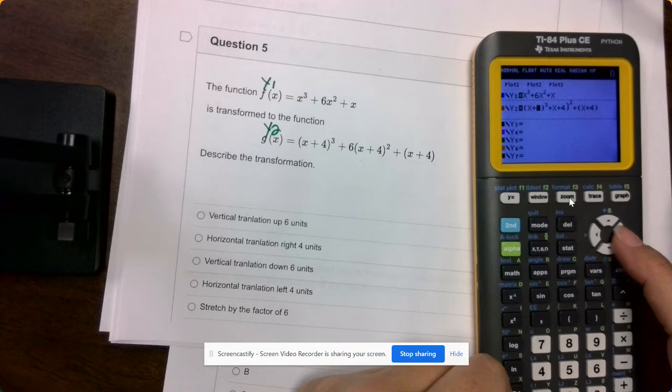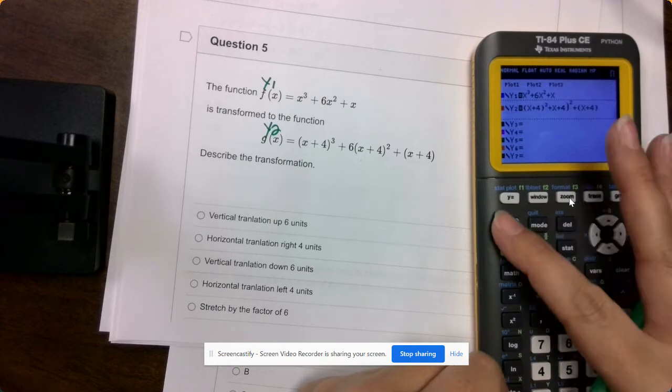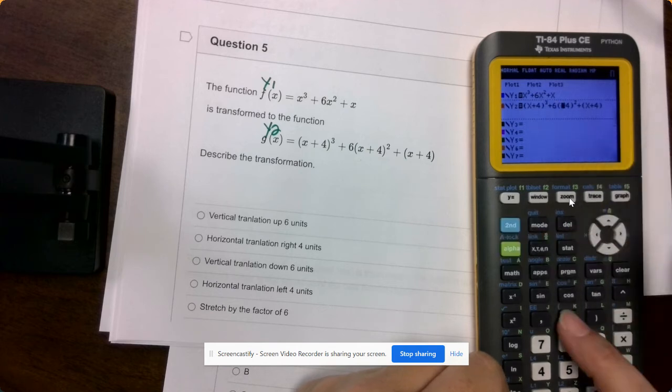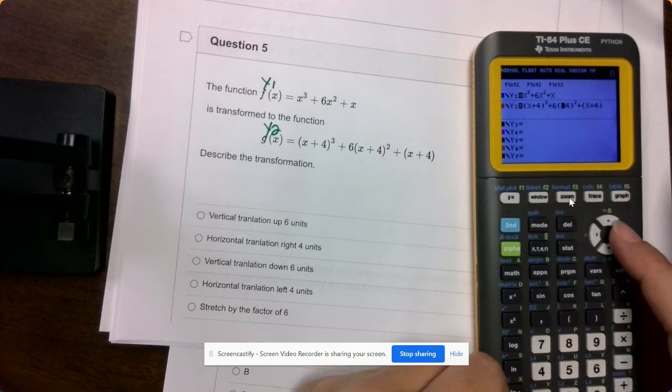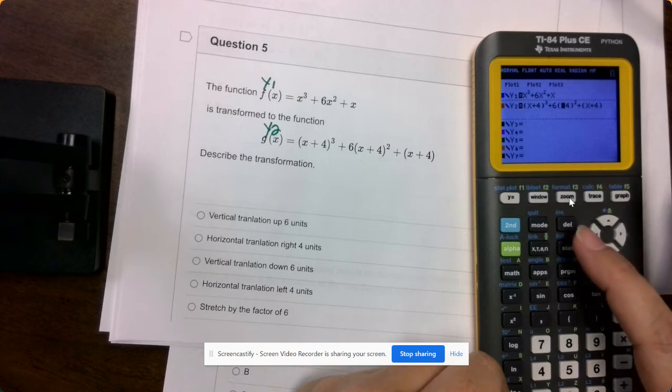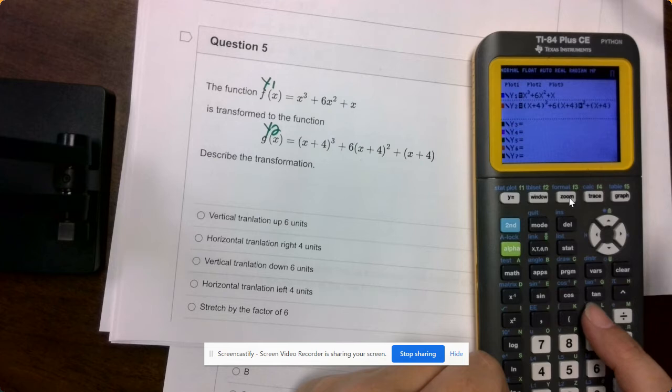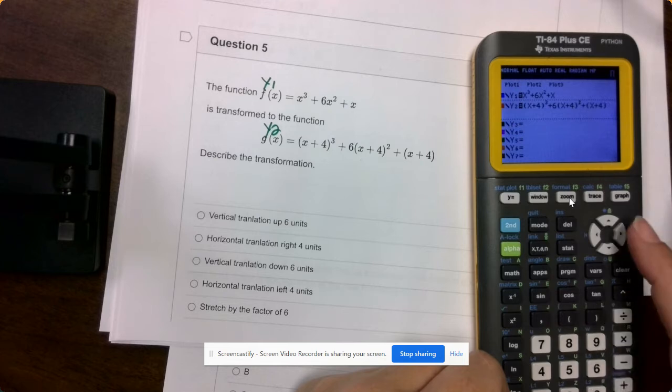I did the wrong thing here. So everybody, it's much easier if you just put it in correctly. All right, now we can graph it.